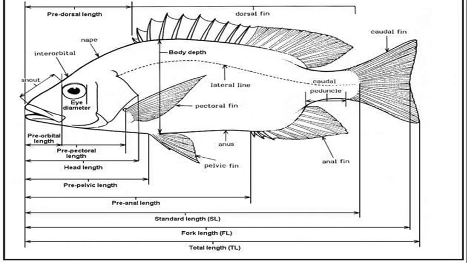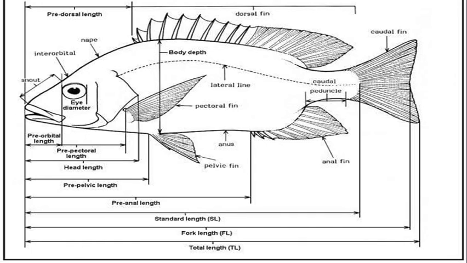That is the description of different types of lengths, which helps in fish identification, and the description of counts of various parts of body is also called meristic characters, where we have to count the different parts of the body.